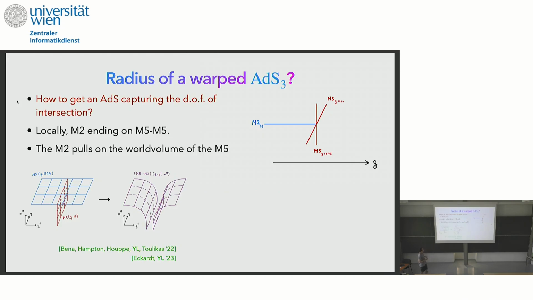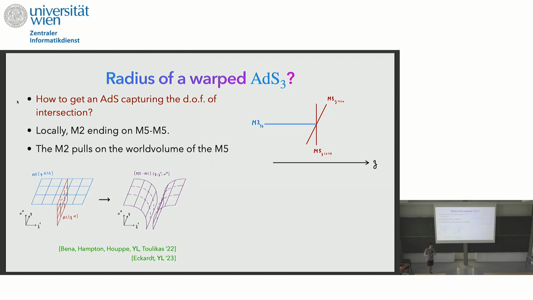And so how do you get the AdS that would capture the degrees of freedom of the intersection? Well, locally, what you know is that you have an M5 brane on another M5 brane, and you have an M2 brane ending on this intersection. The M2 brane pulls on the world volume of the M5 brane. Essentially, it's the same as when you have a fundamental string ending on a D3 brane.